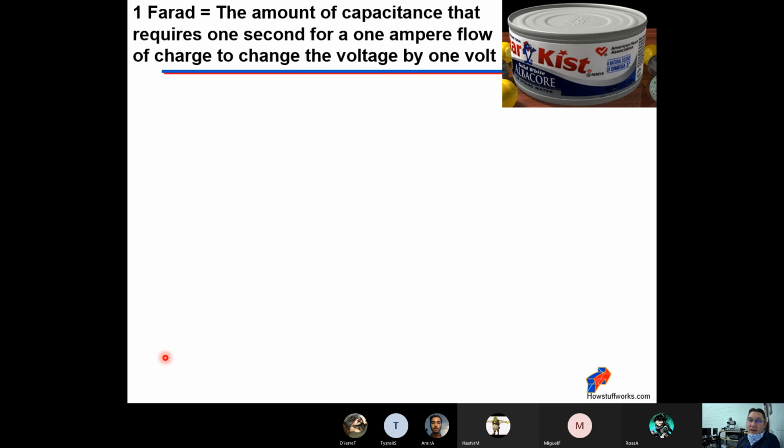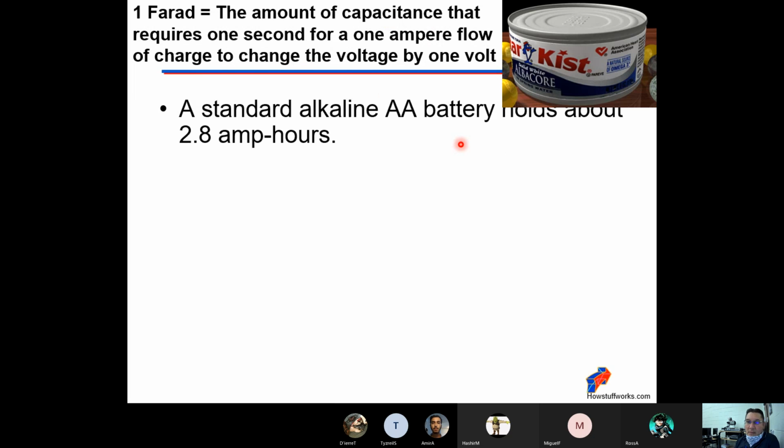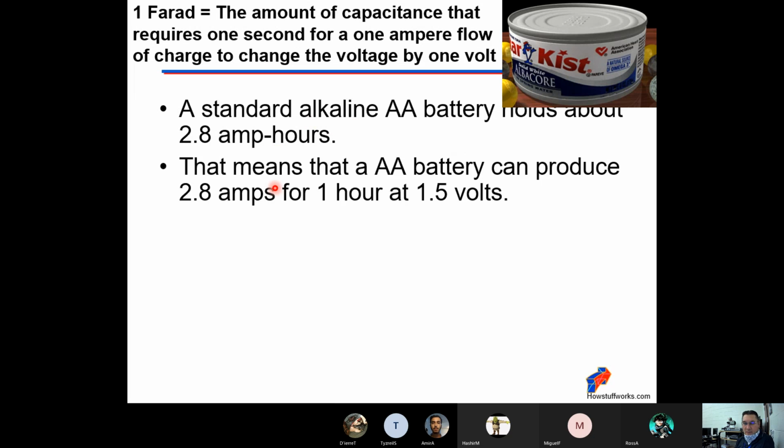So 1 farad equals the amount of capacitance that requires 1 second for 1 ampere flow of charge to change the voltage by 1 volt. This is what they just said, so you don't need to rewrite that. This is just an example, though. A standard alkaline AA battery holds about 2.5 amp hours.